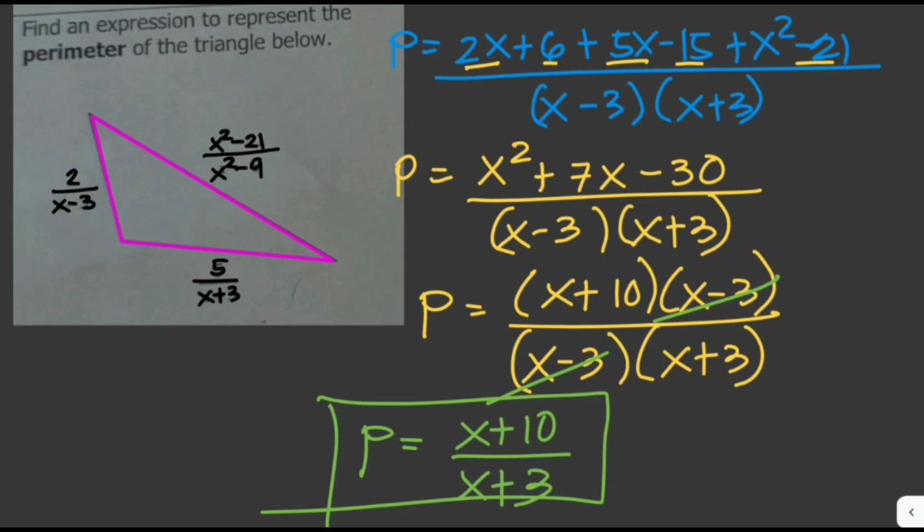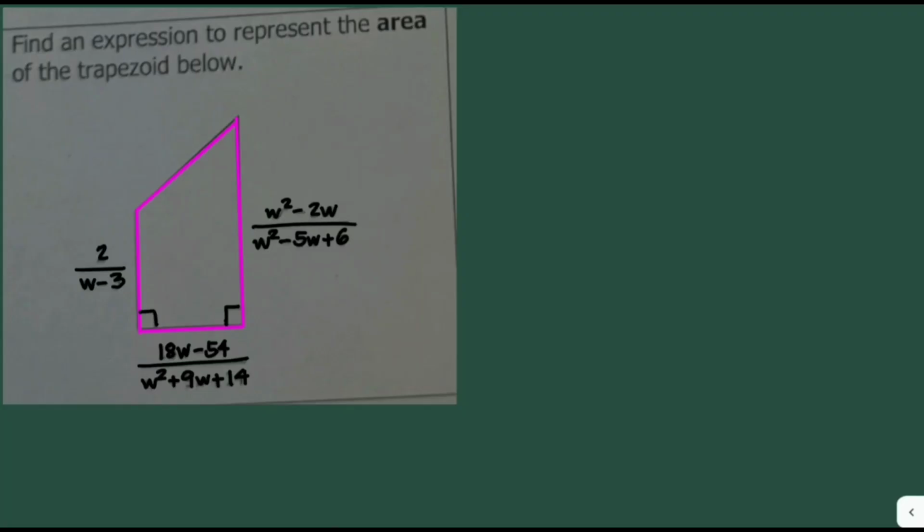Alright, let's solve another problem. Find an expression to represent the area of the trapezoid below. So we're given this trapezoid and we just need to solve for the area.